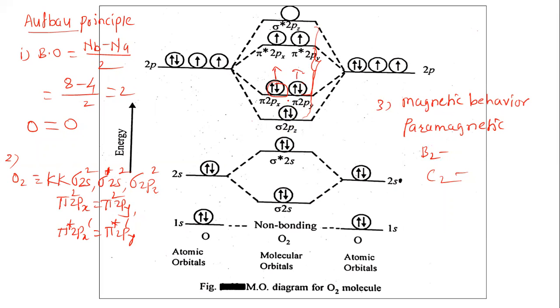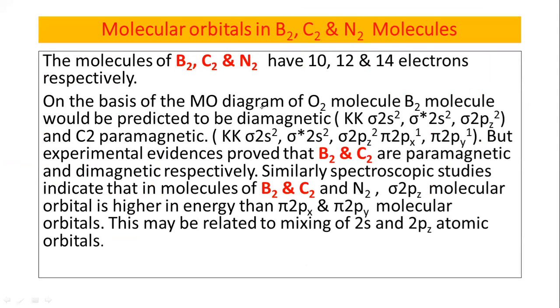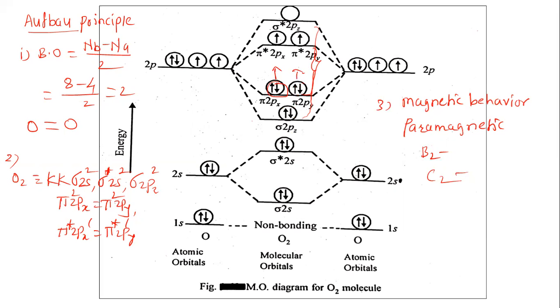So there should be some mixing of atomic orbitals. And this can be explained on the basis of mixing of 2s and 2pz atomic orbitals in the case of boron, carbon and nitrogen molecules. You have to remember that such mixing is not possible in the oxygen molecule, the fluorine molecule and the neon molecule.